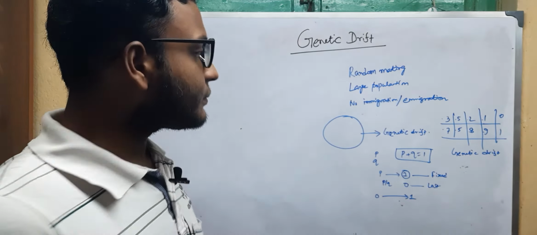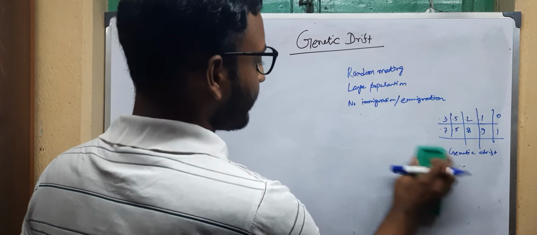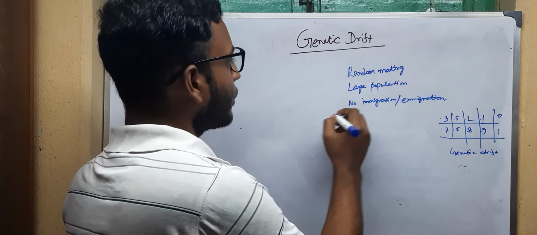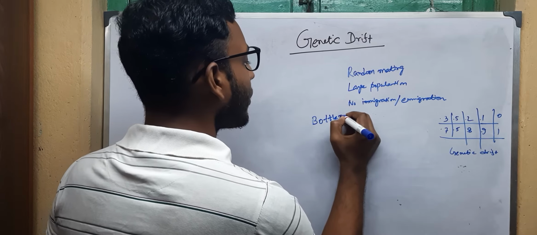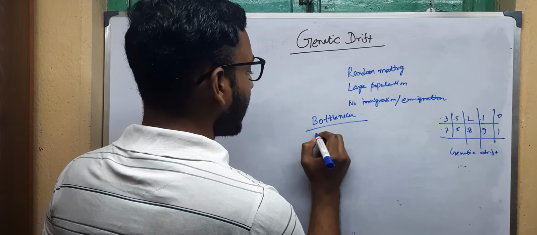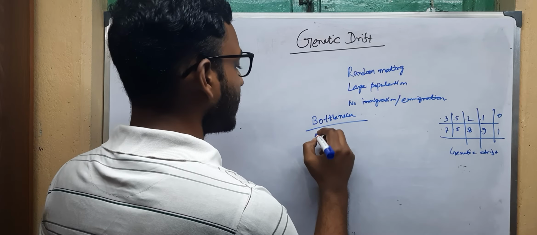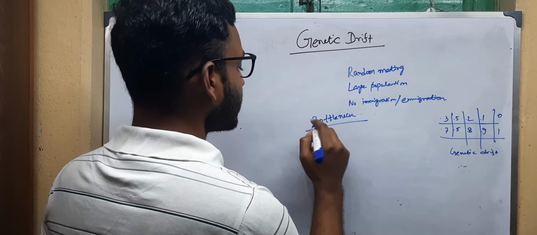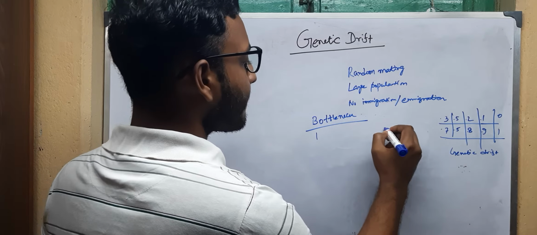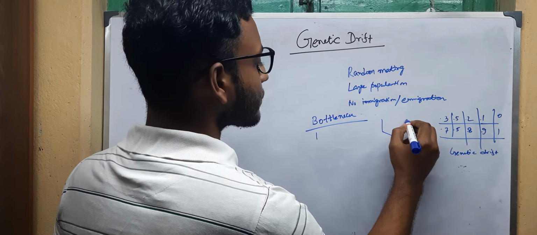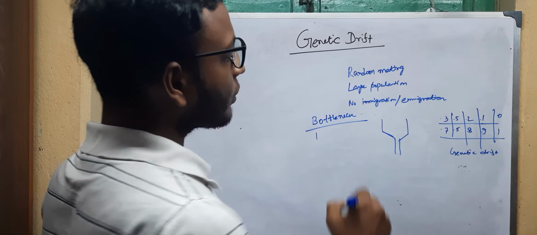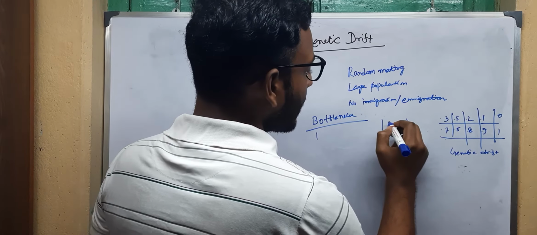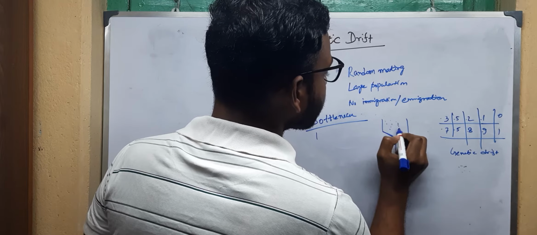And in some cases the population shows two phenomena. One is known as population bottleneck, and another one is the founder effect. In case of bottleneck, the population goes through a bottleneck.